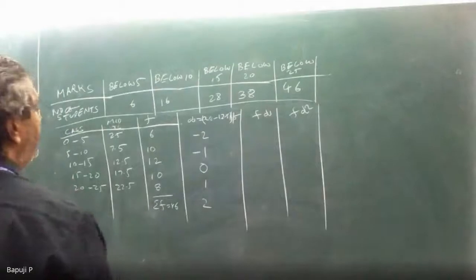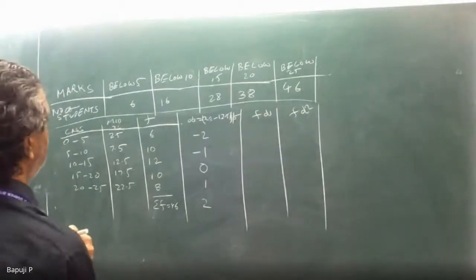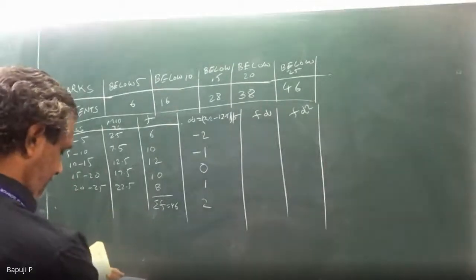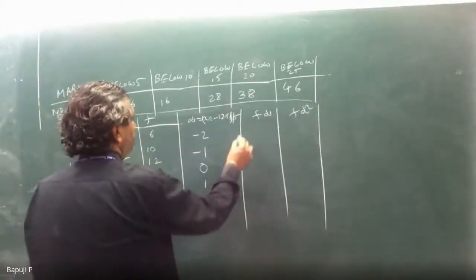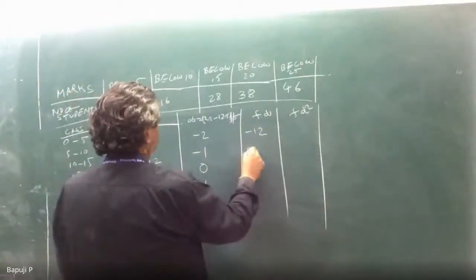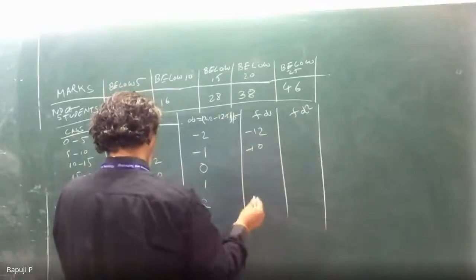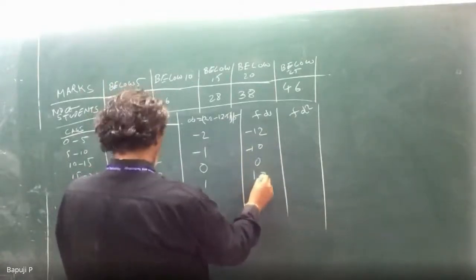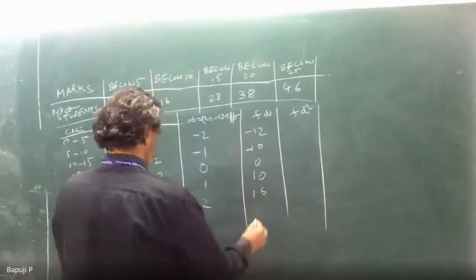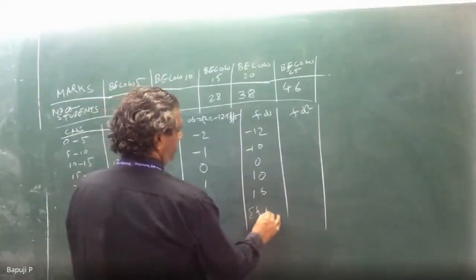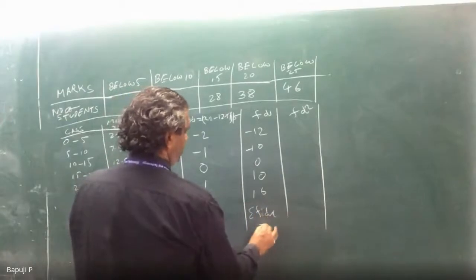Now find fD first. Always ask doubts. If I don't know also, I will tell you, take time and tell, don't worry. Sigma fiDi is equal to what?